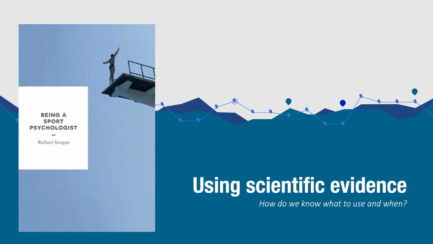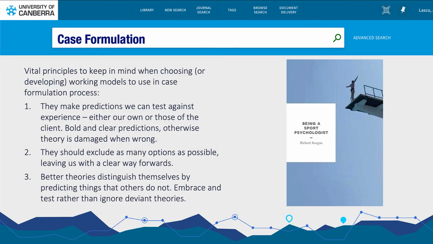Now we'll move on to using scientific evidence based on the book Being a Sports Psychologist by Richard Keegan. We'll start with case formulation, and being able to use and find scientific evidence becomes really integral at this stage. When working with a client, there are vital principles to keep in mind when choosing or developing working models to use in the case formulation process.